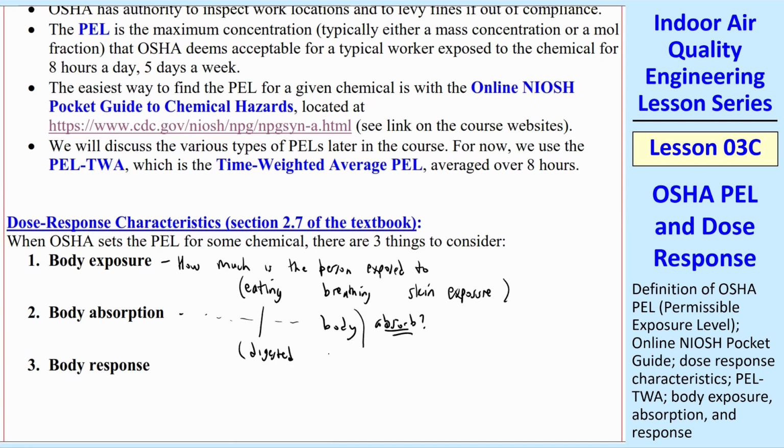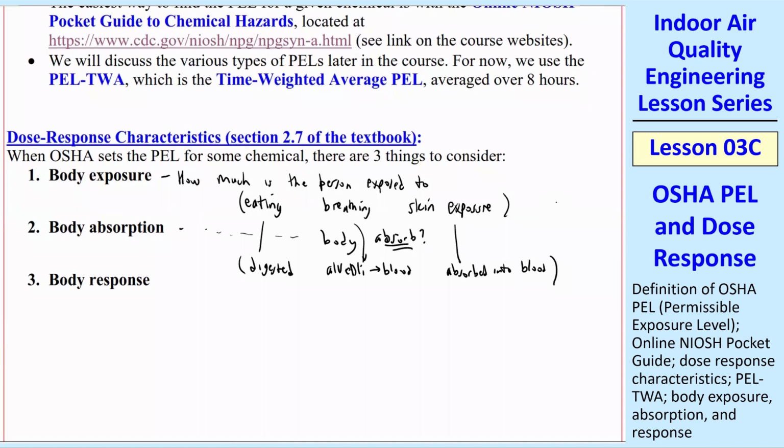Breathing, typically it goes down to the alveoli and gets into the blood. Sometimes some chemicals actually work even in the bronchial tubes. And then skin exposure typically can get absorbed into the bloodstream. So there are various ways for these things to be absorbed, and that is body absorption.